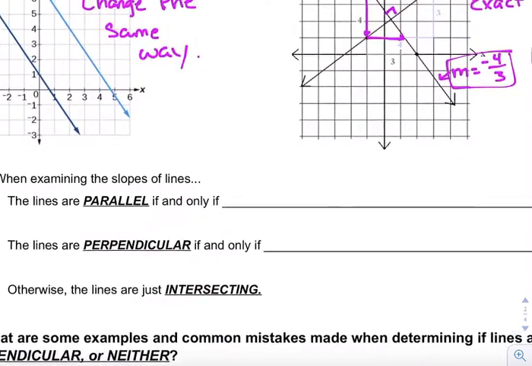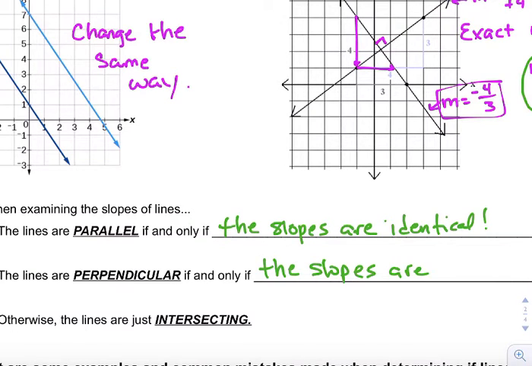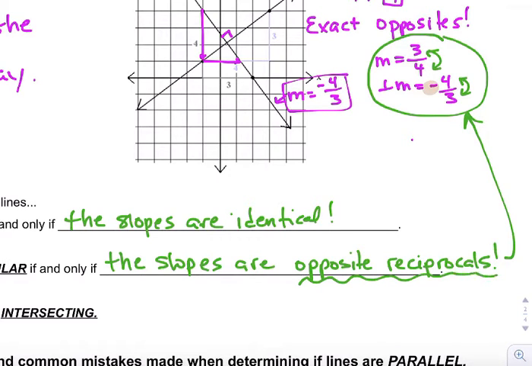And so we have that lines are parallel if and only if the slopes are identical, or the same. And the lines are perpendicular if and only if the slopes are opposite reciprocals. That's what opposite reciprocals mean. The term opposite reciprocals means two things are true.